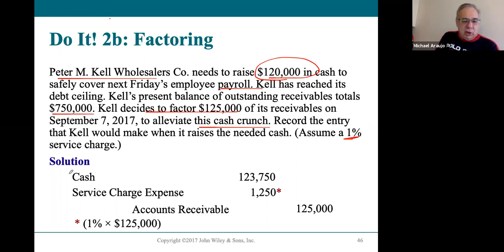So what do they show? They show they sold off $125,000 of receivables. Receivables are reduced. They collected $123,750 in cash, which is plenty to meet their payroll. And the 1% difference is going to be a service charge expense.